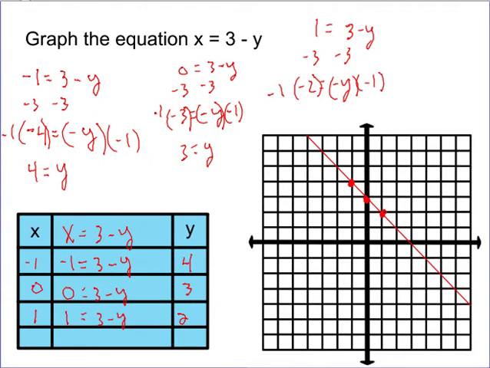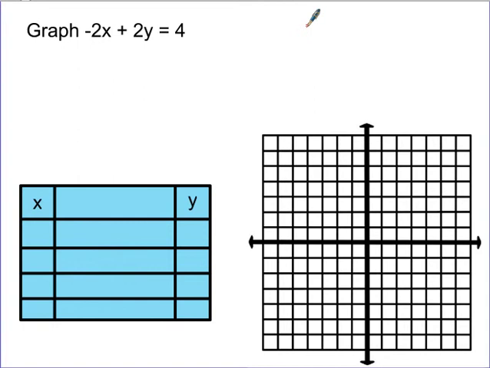Okay, we've got a couple more examples. Here's one that looks a little different. Remember the 3 values, since we're graphing this one, the 3 values we need are -1, 0, and +1. -2x plus 2y equals 4.